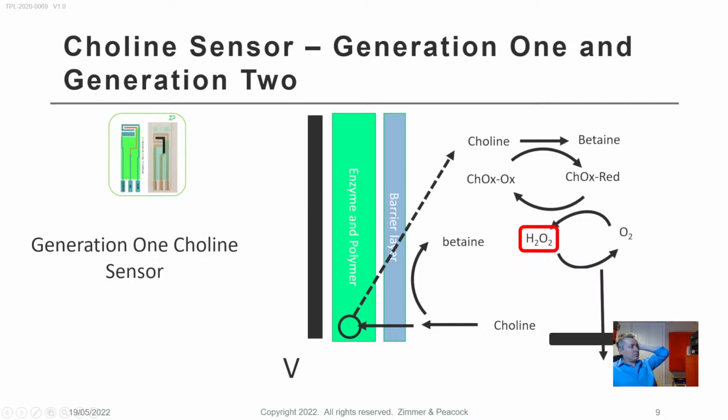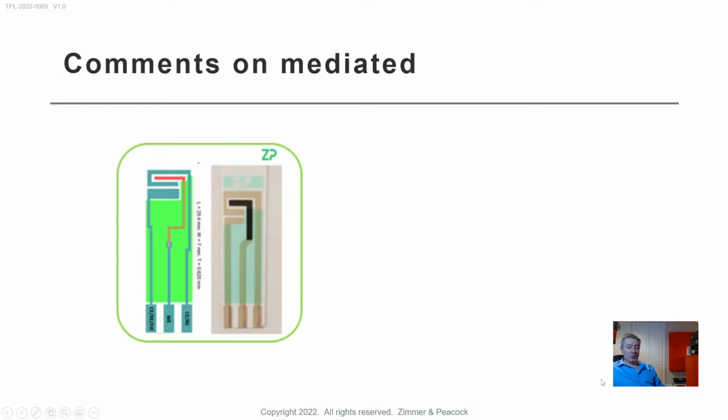I would suggest probably starting with the generation 1 and then maybe progressing to the generation 2. The problem with the generation 1 is you need either a gold or a platinum electrode, which makes it more expensive. If you just go straight to the generation 2 sensor, you just need a carbon electrode and ferricyanide. So if you're experienced with ferricyanide and carbon electrodes, maybe just skip the generation 1 and go straight to the generation 2.